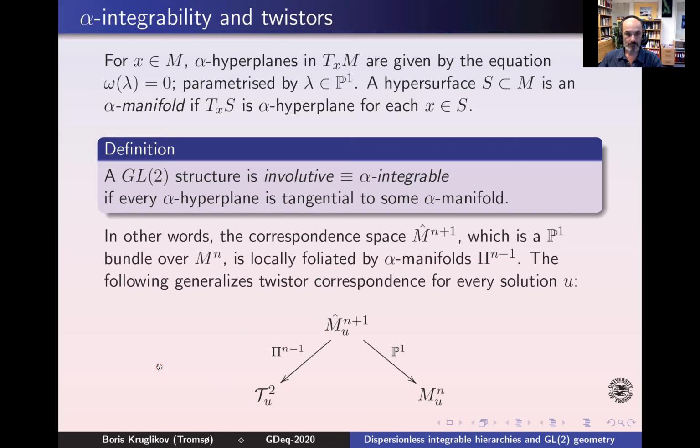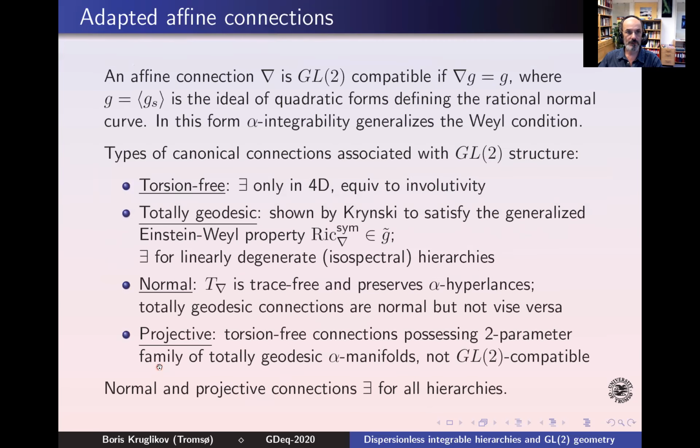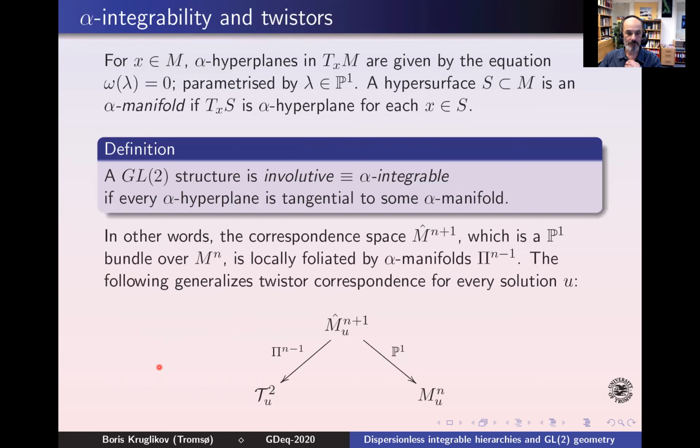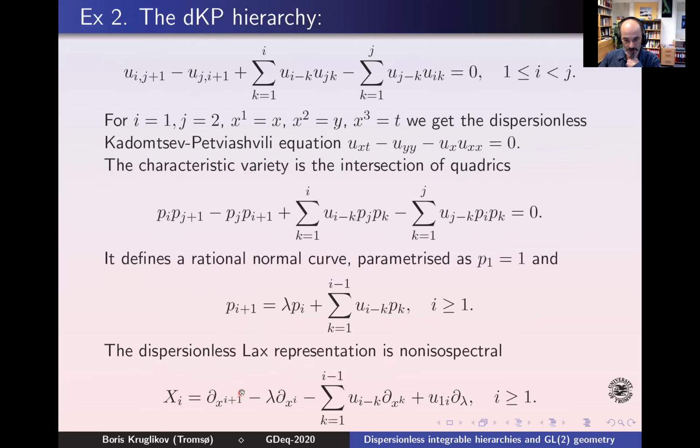Now, let me go back to one of the examples. For example, for DKP, that's actually this distribution on this correspondence space, M hat, of dimension n plus 1, right?